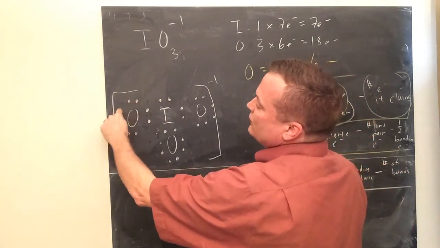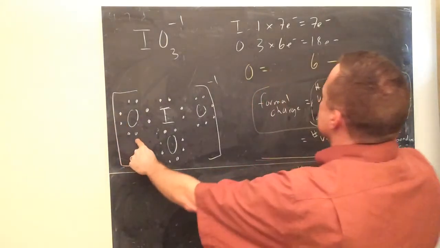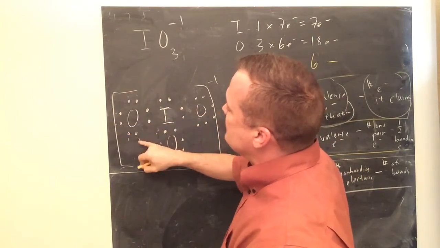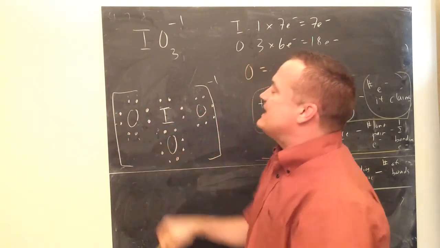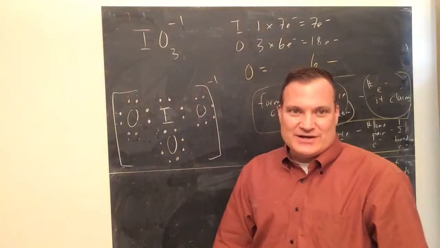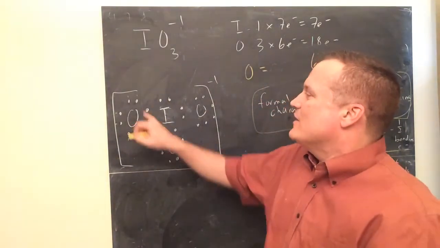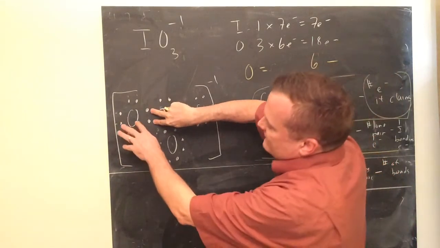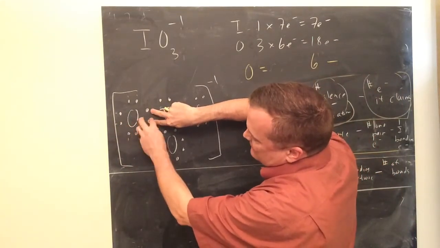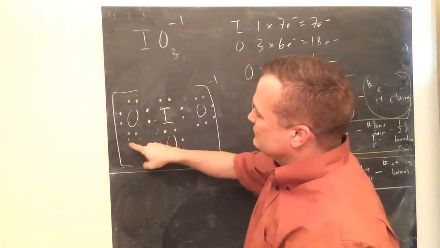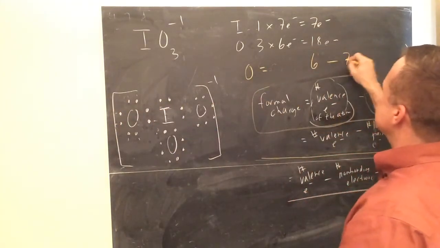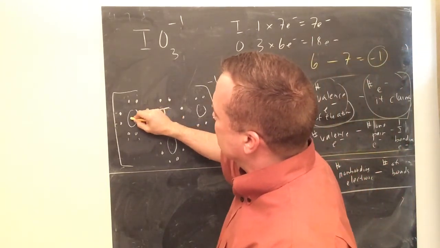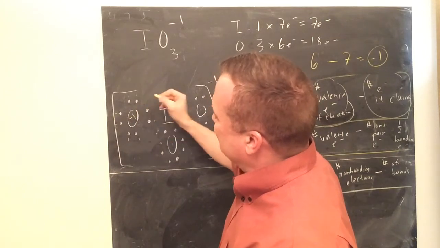So it can claim 1, 2, 3, 4, 5, 6 lone pair electrons, and it can claim half of the bonding electrons, half of the shared ones. There's 2 more, but it can only have half. So half of 2 is 1. That's 1, 2, 3, 4, 5, 6, 7. 6 minus 7 equals negative 1 is the formal charge of this oxygen atom in the molecule.